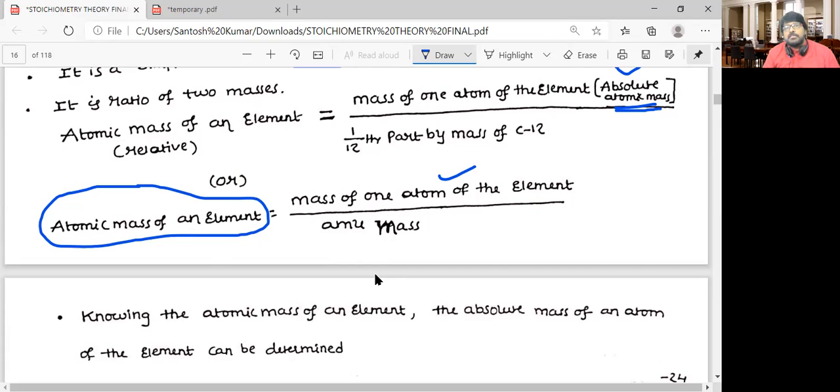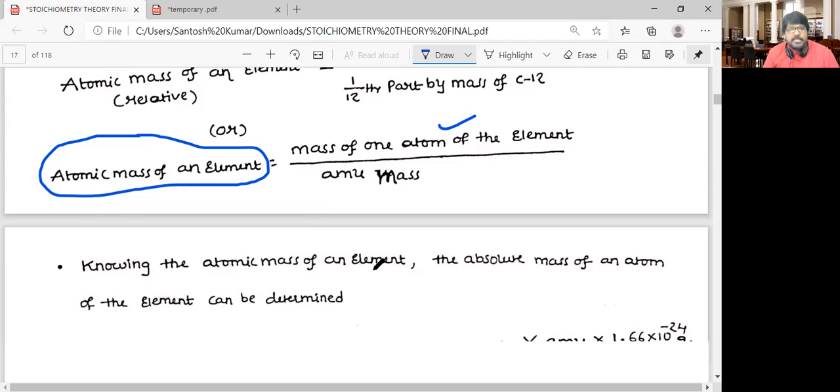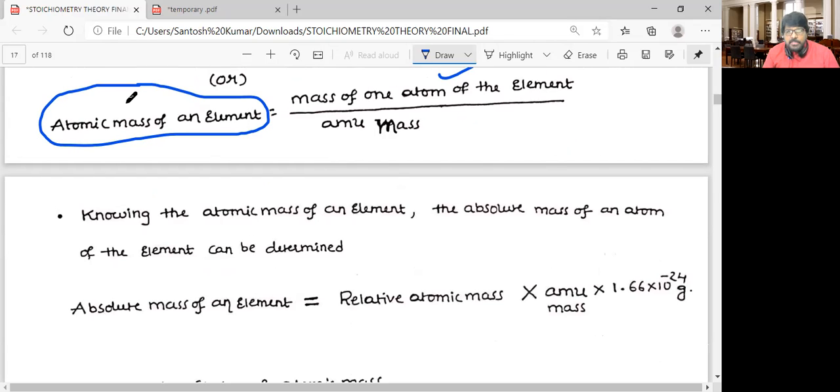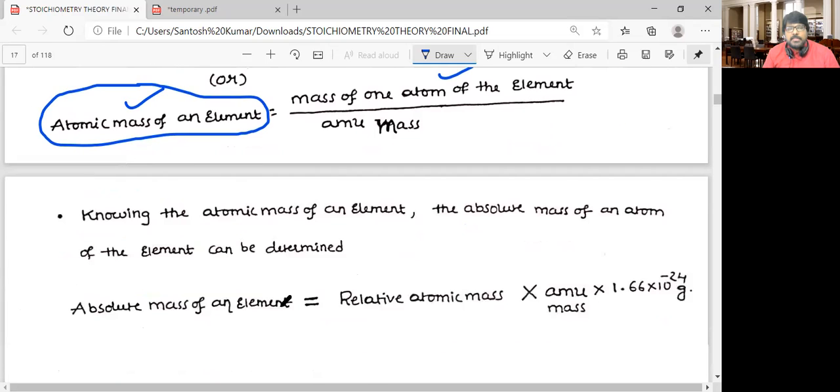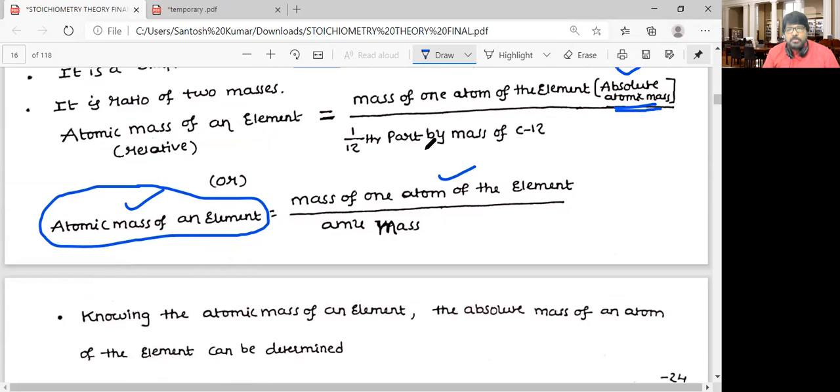150 centimeters. Similarly, knowing the atomic mass of an element, the absolute mass of an atom can be determined. So from this equation, you can find the absolute mass. Bring this 1/12 part of C12 isotope to the left side.